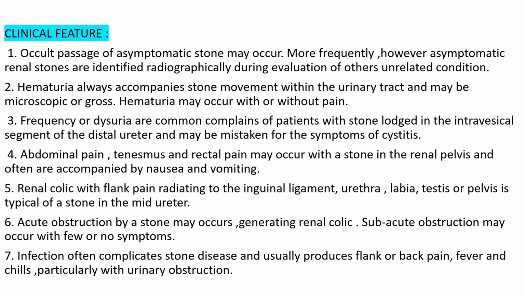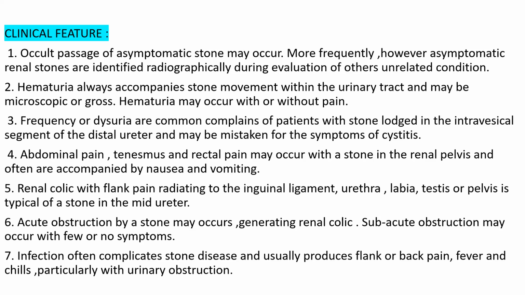But sometimes the hematuria might be gross. What is gross? Gross means which you can see with your naked eyes. Suppose you went to the bathroom and you urinate. When you urinate, you see the presence of blood in your urine itself with your naked eyes.